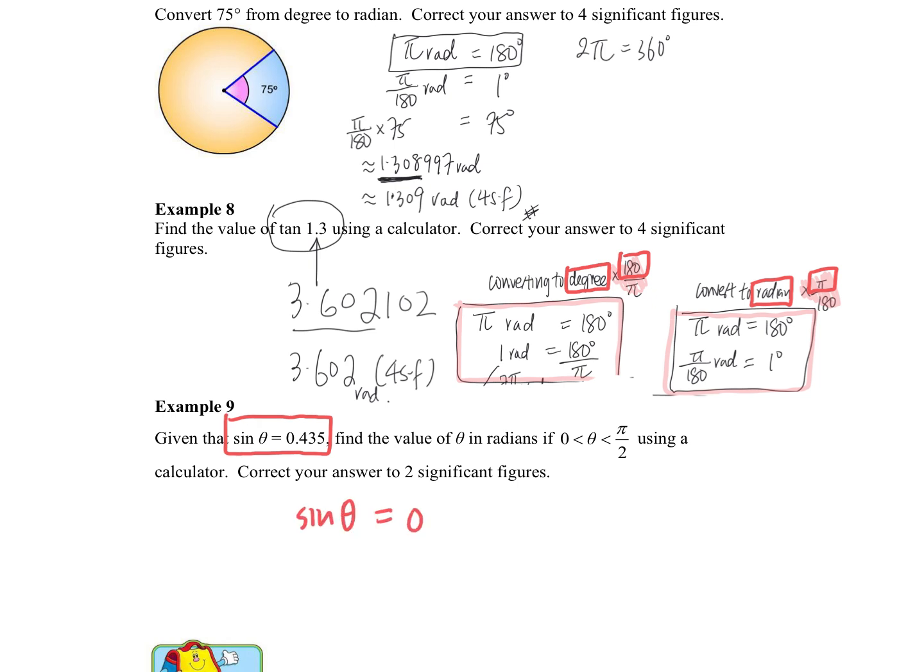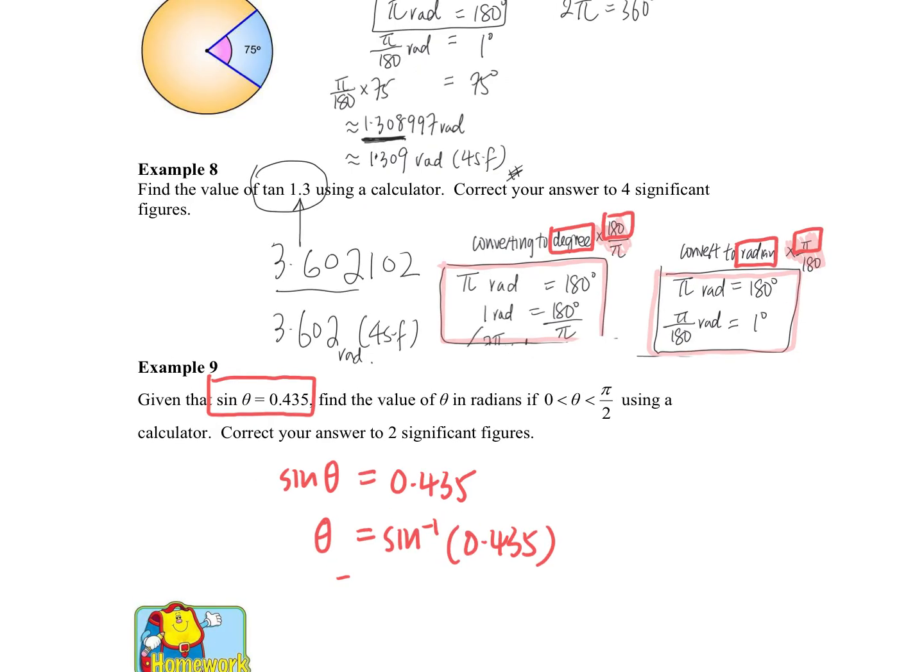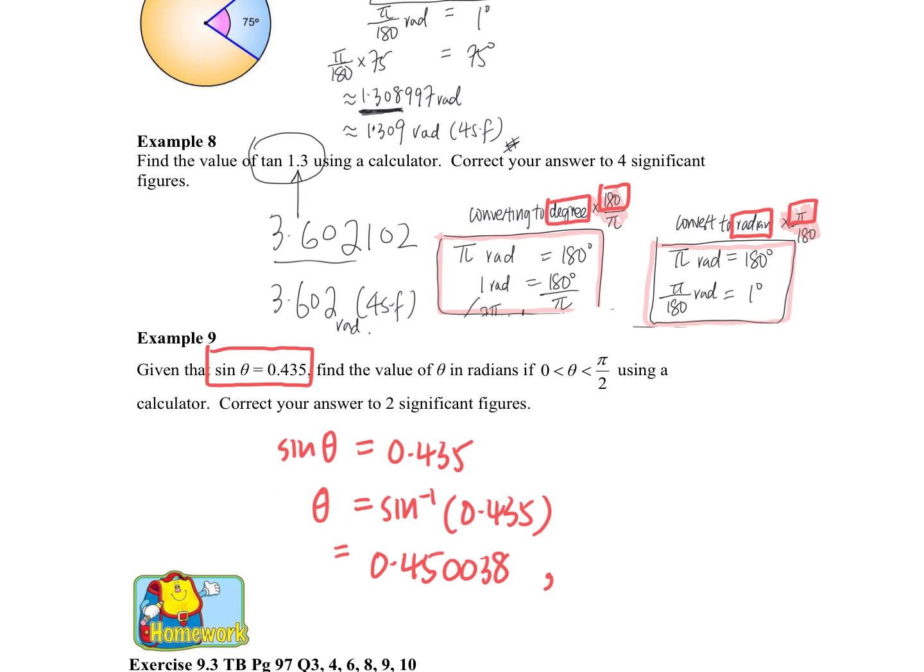Okay, sine theta is 0.435, right? If I want to find the angle, I will take sine inverse. But because the angle is in radians, your calculator needs to be in radian mode. So this one, take note. You will get this as one answer. But remember, for sine we always have two answers, right? One is theta, one is 180 minus theta.